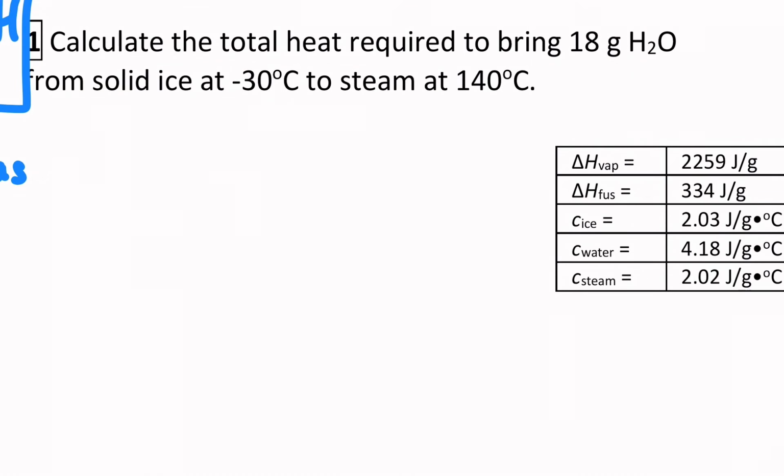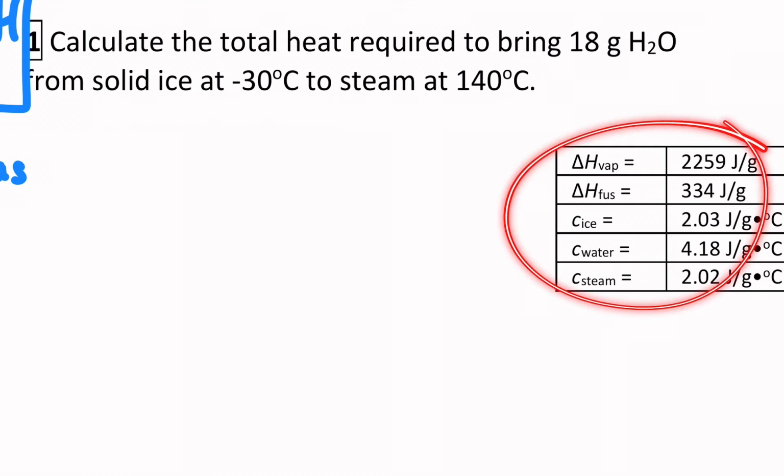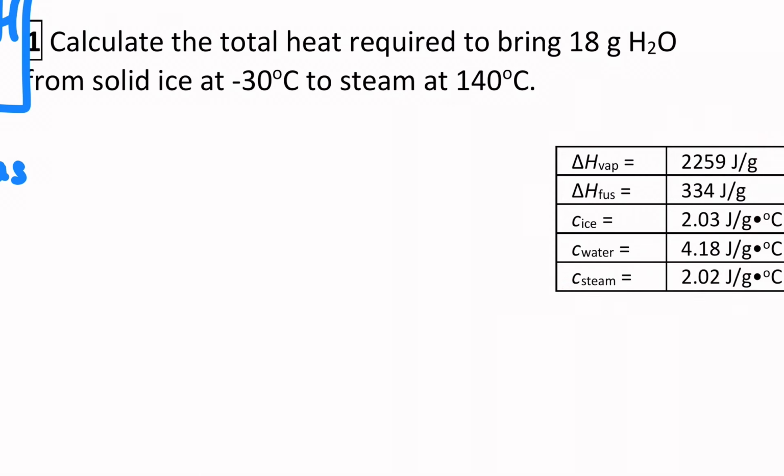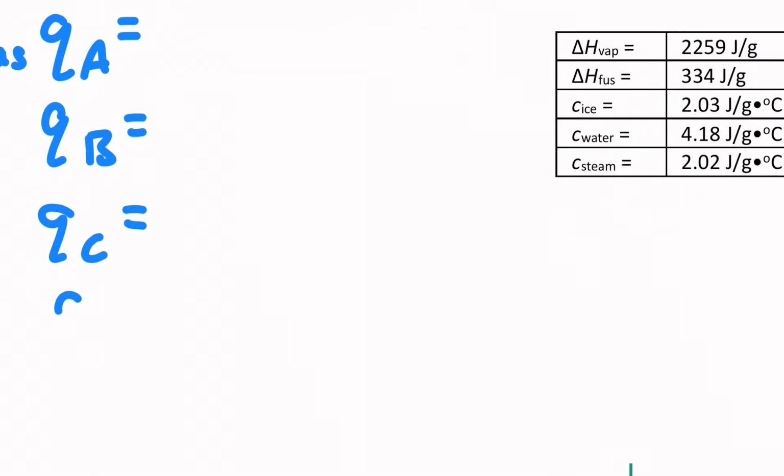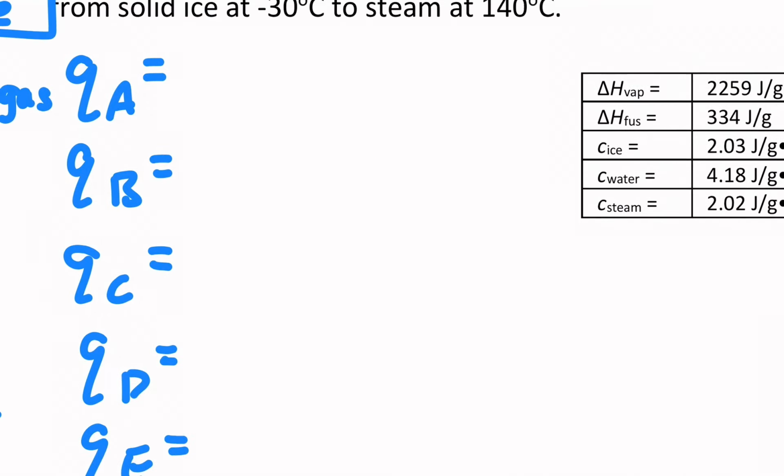So how much would it require to take a mole of water from a solid ice cube to gaseous steam? And here's all the constants that we need already given to us. So there's going to be 5 terms: that heat related to segment A, B, C, D, and E. And they can add together, but I'm going to write them out separately.